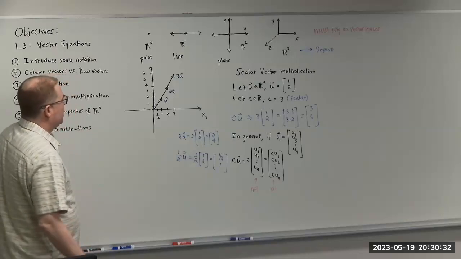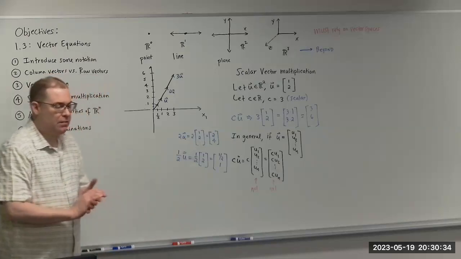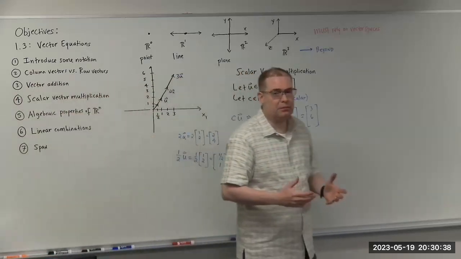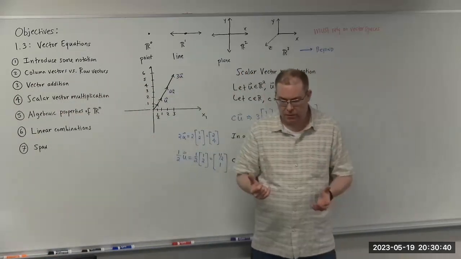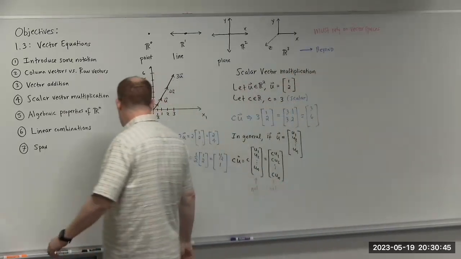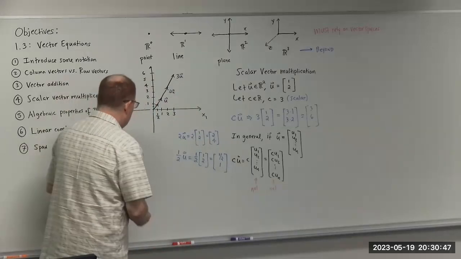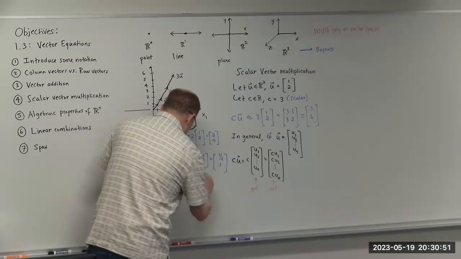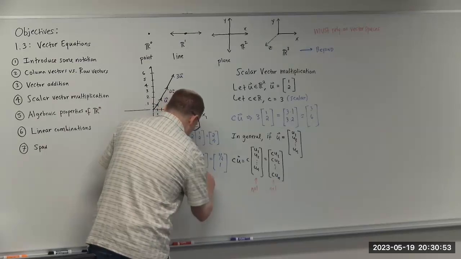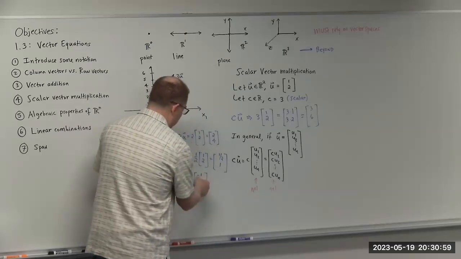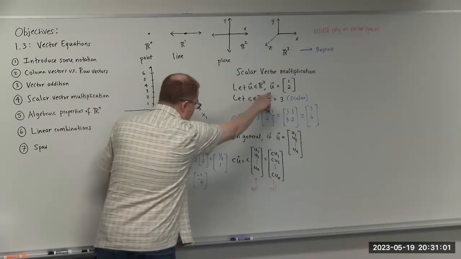What if the scalar is a negative value? Then what that's going to do is take what's called the inverse of that vector, which means it's going to go in the opposite direction. So for example, let's say we have -1 times u. So that's going to give us -1 and then -2. So -1, -2, where this is our vector u.